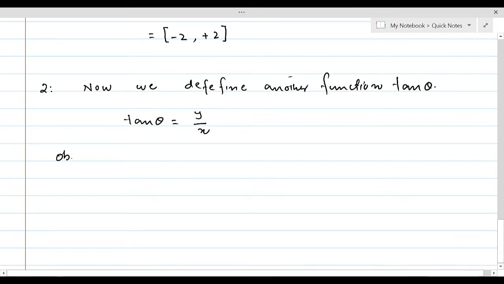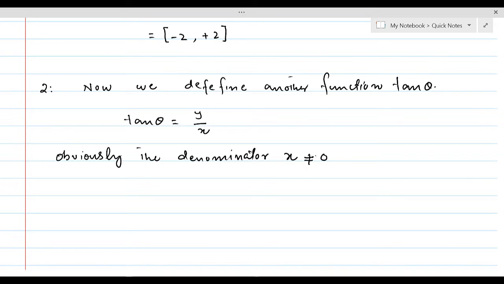Obviously, the denominator x cannot be equal to 0, because when x is equal to 0, tan theta becomes infinite.